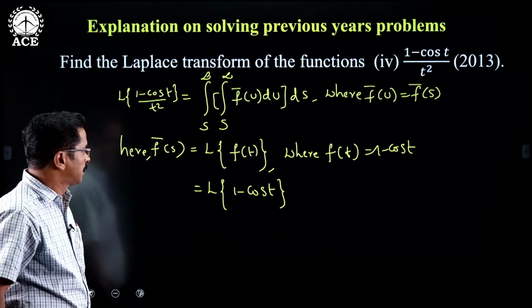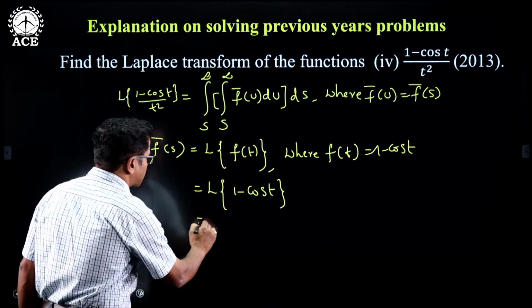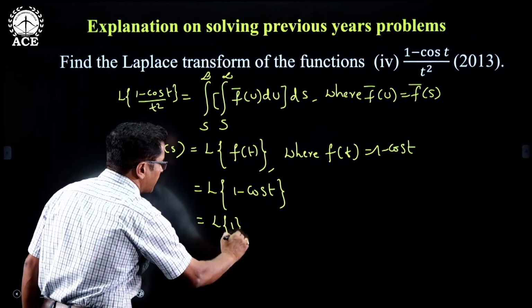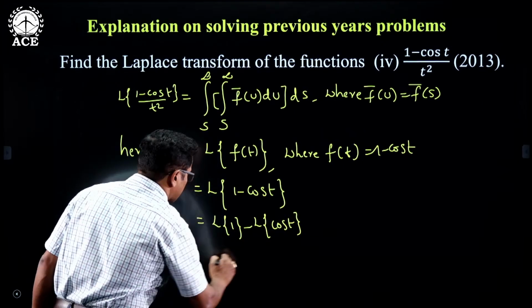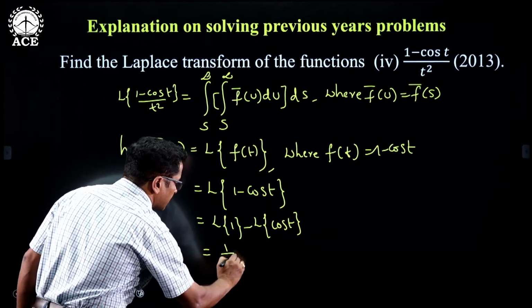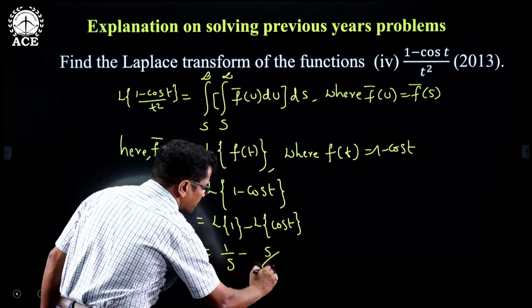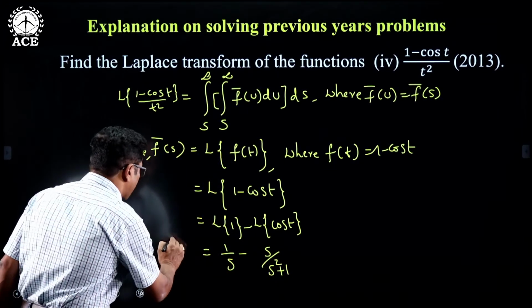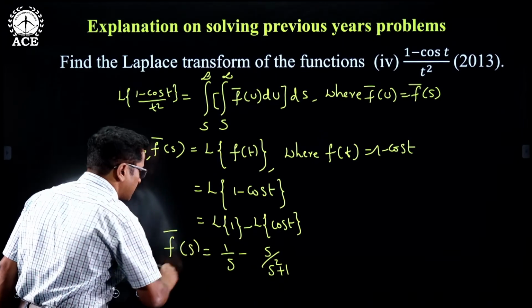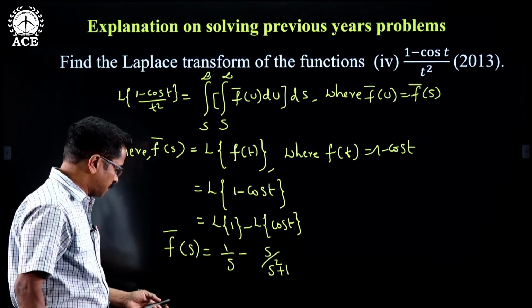Okay, so I am just applying the linearity property: L of 1 minus L of cos t. So L of 1 is 1 by s, and L of cos t is s by s square plus 1 as per the standard formula. This is f bar of s, right?